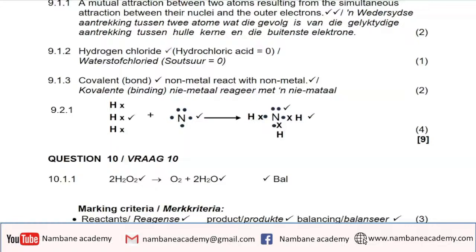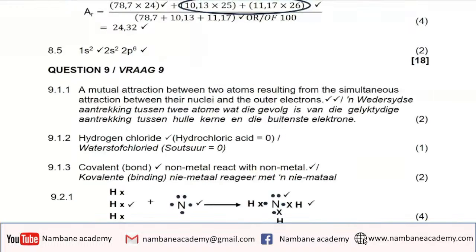Ja, kan u vir ons die Afrikaans vraag lees? Die Afrikaanse vraag sê skryf die naam van die HCl molekuul. So it only refers to name. It doesn't specifically say chemical or general name. It doesn't make mention of a gas there.